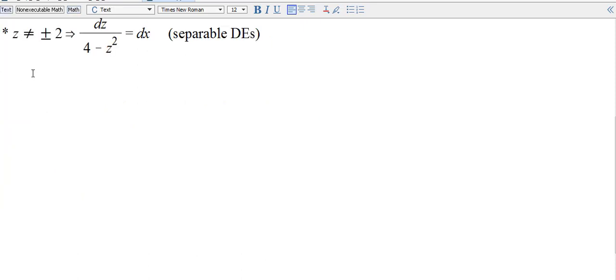Now, we're going to use partial fraction decomposition.